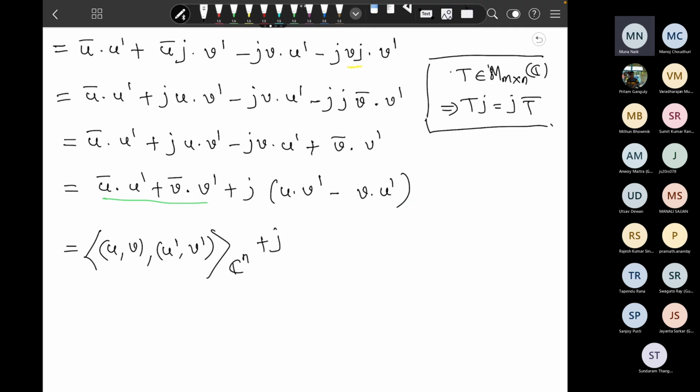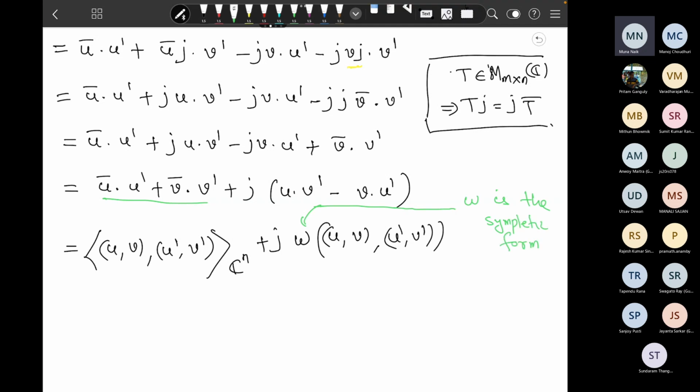The second thing is the symplectic part, U W V U′V′. This is the symplectic form defining Sp2nC. W is the symplectic form corresponding to Sp2nC.